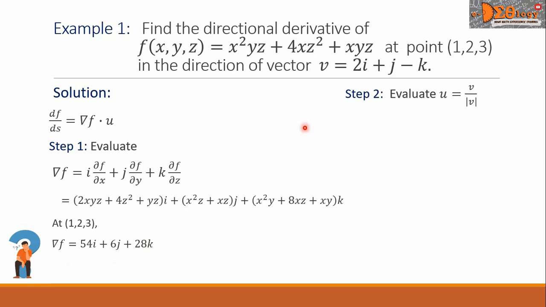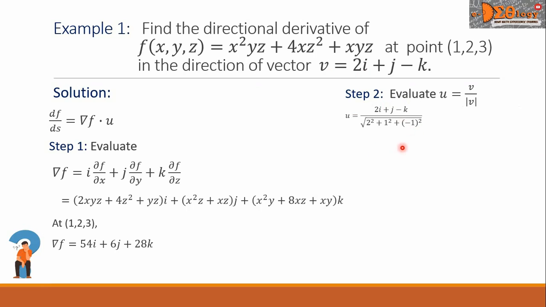Now step 2, let's evaluate the u, that is equal to v all over the length of v. So we have here u equals, we copy the vector 2i plus j minus k all over the length of the vector. We have now square root of 2 squared plus 1 squared plus the square of negative 1.